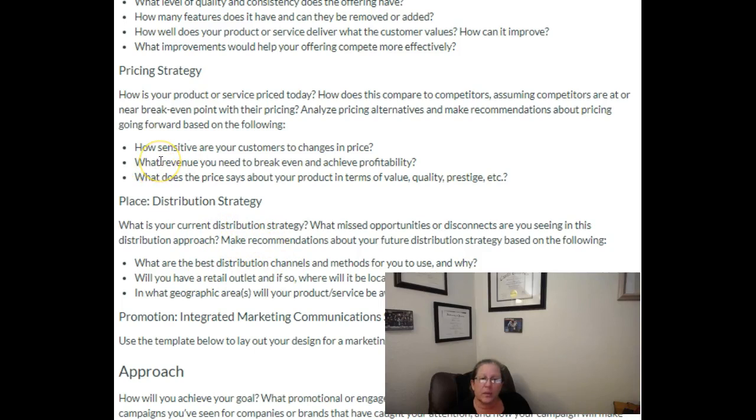You'll consider how sensitive your customers are to changes in pricing, what revenue you might need to break even and achieve profitability, and what the price says about your product in terms of value, quality, and prestige.